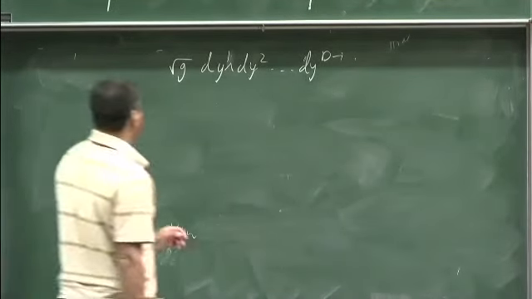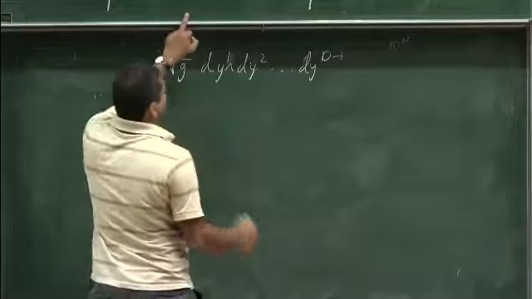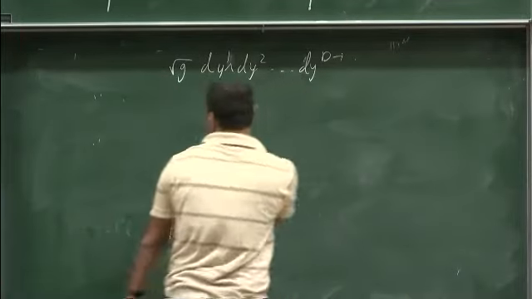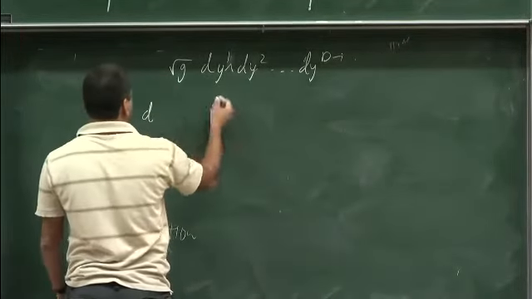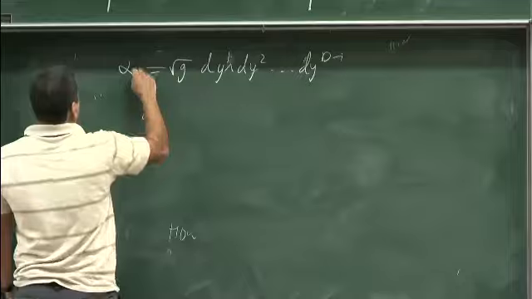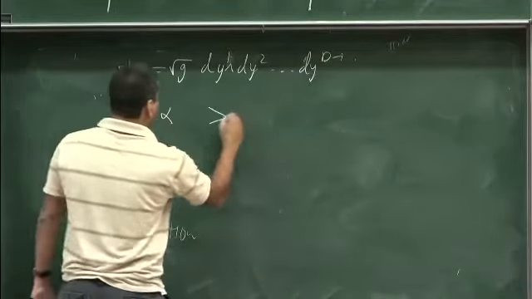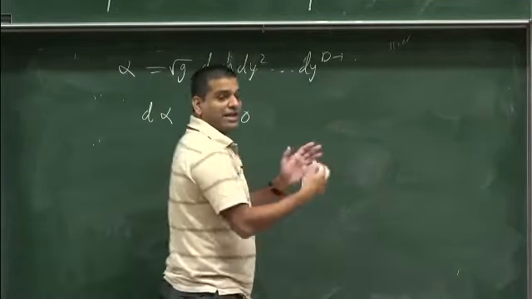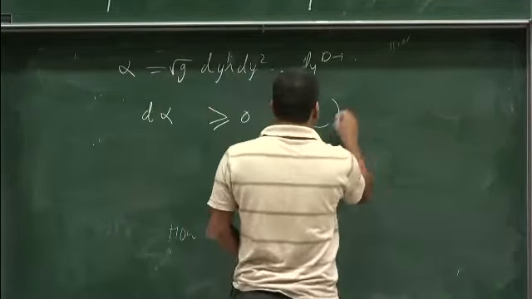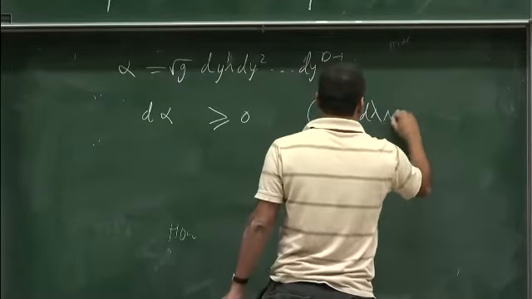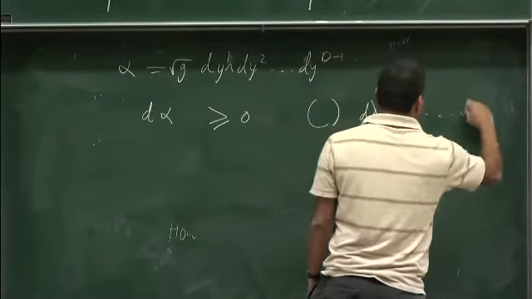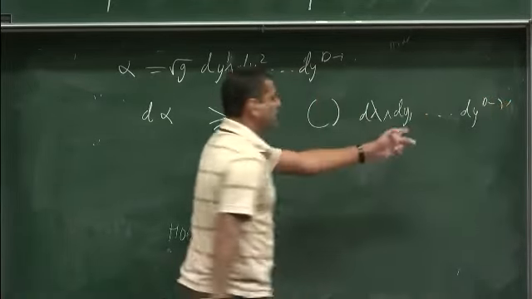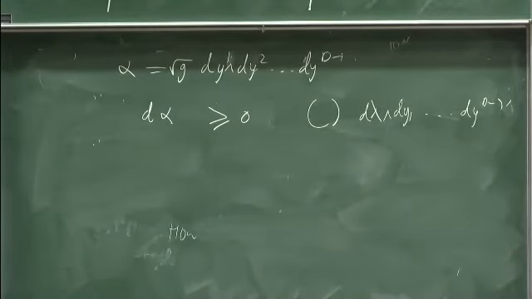Okay? Then the statement that this is greater than 0 is the statement that, let's call this form alpha, that d alpha is greater than 0, where I call a d form positive if its coefficient of d lambda wedge dy1 up to dy d minus 1 is positive. That's my definition of positivity of a d form.